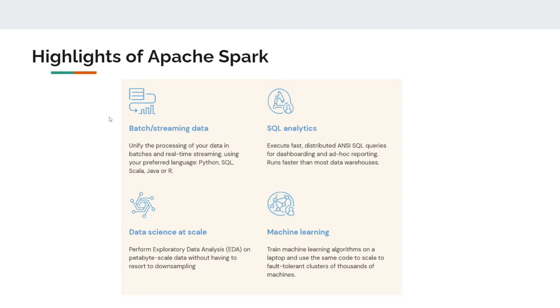So some highlights of Apache Spark, we have the batch streaming. That's basically what I was talking about. Traditionally you could have data come in and run it maybe once a day or at certain times, but Spark allows you to do it live. So as the data comes, immediately feed it into your algorithm. It has very fast SQL queries on its data in this system. It allows you to do exploratory data analysis.